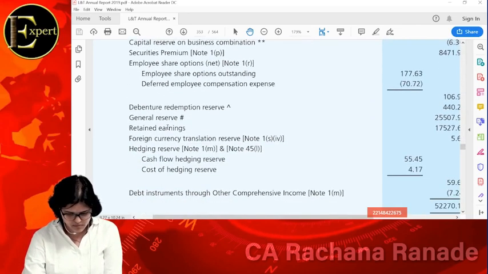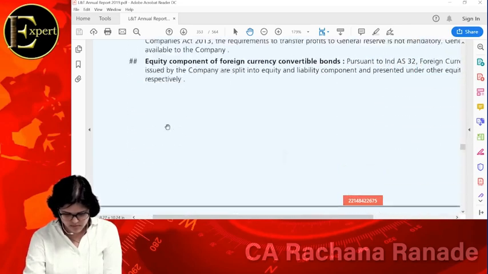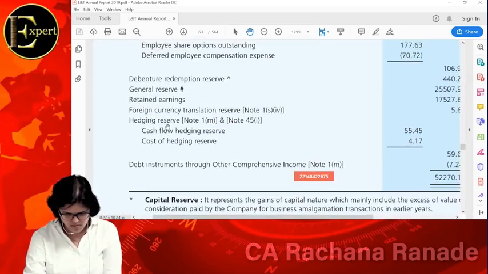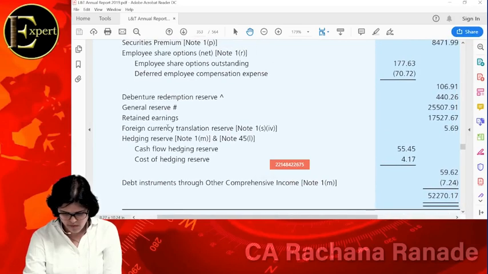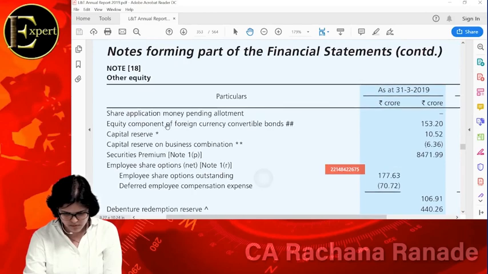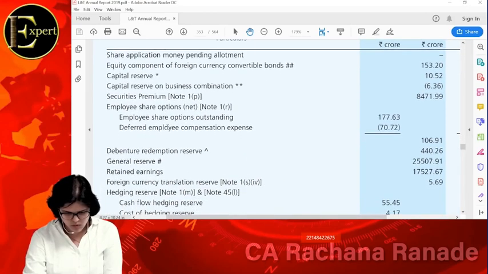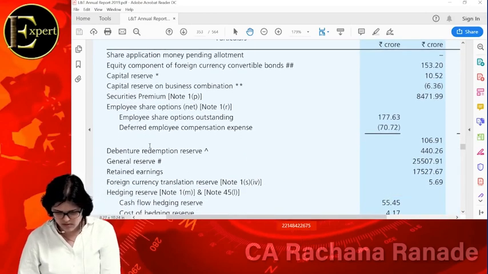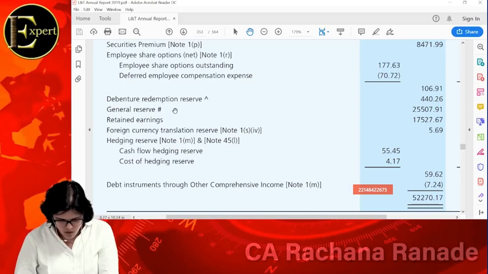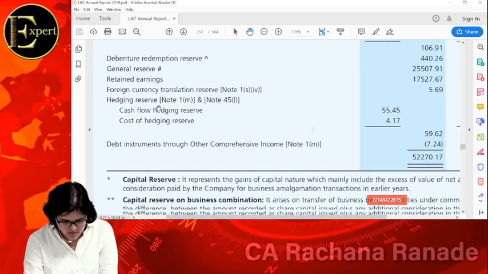Okay. What was the figure of that? 6677 something, no? Have they transferred it to reserve maybe?